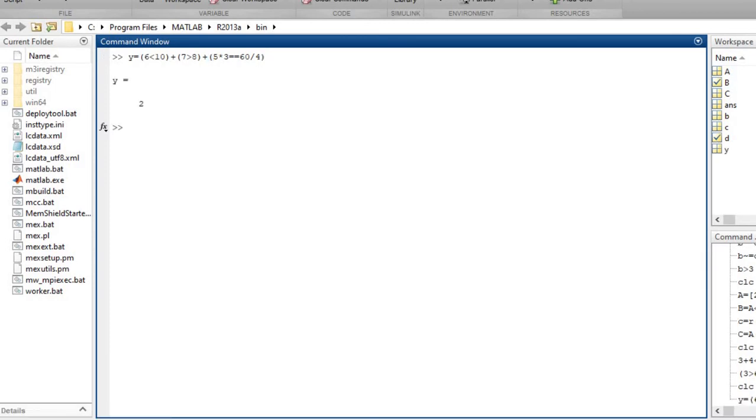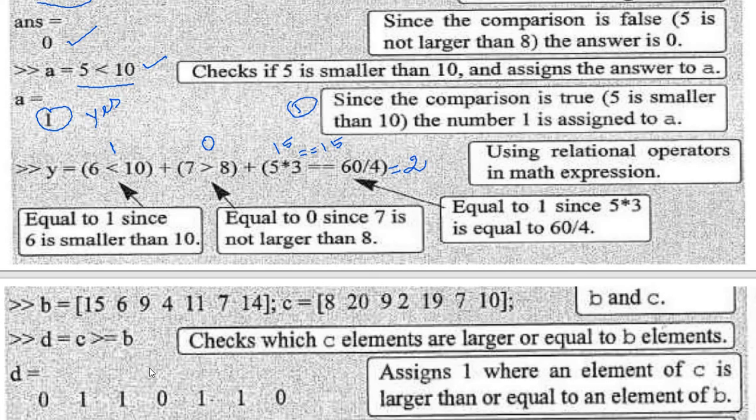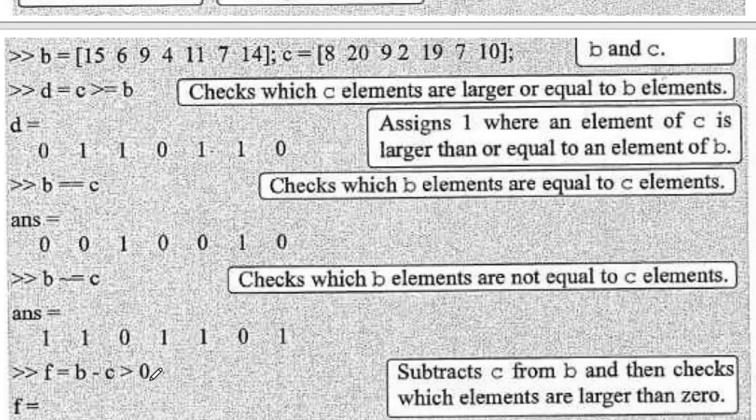We enter it, and we get the value 2. So we have the value 2 here. Okay, similarly we are going to see the array structure.